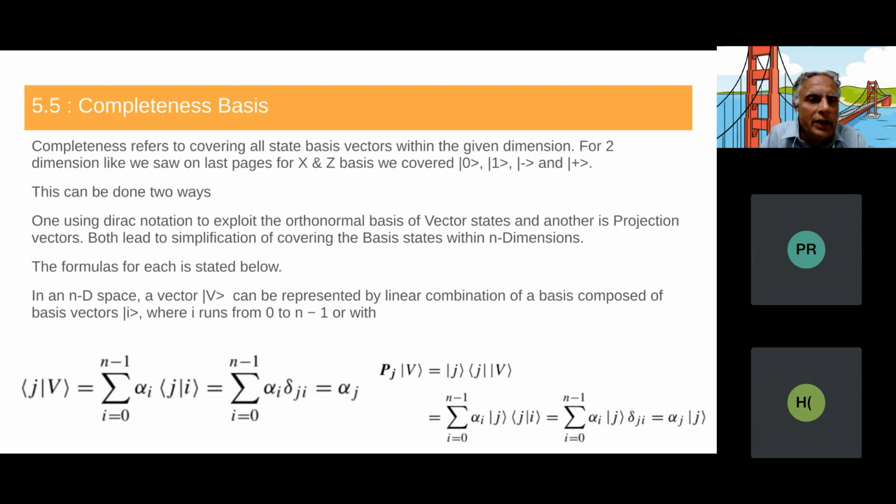Otherwise, it is not meeting our requirement of an operator in the Hermitian or unitary space. So at this time, I will say that completeness is ensured by making sure that we go the whole nine yards from 0 to n minus 1 for n dimension.